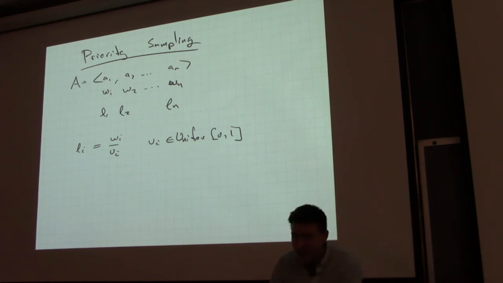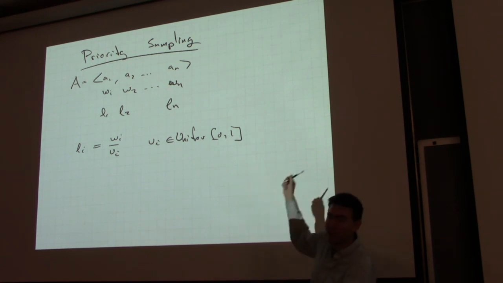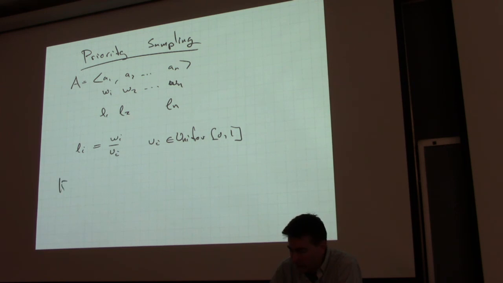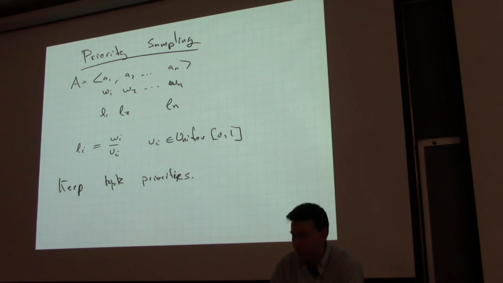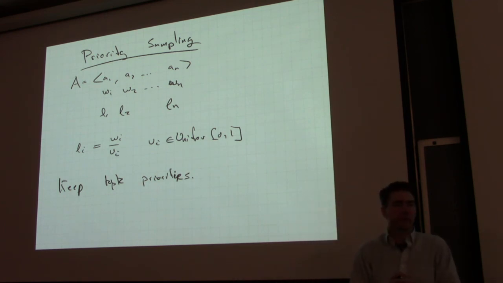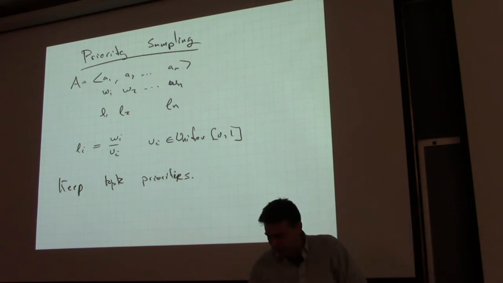I can assign these priorities as I go in the stream. And now I want to keep the top k of these priorities, so the top k priority weights.